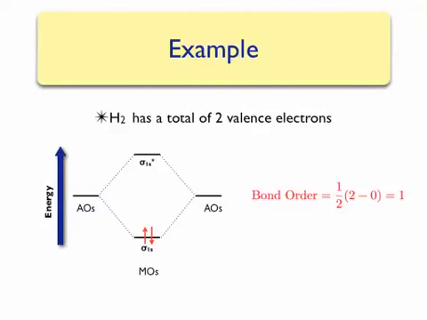If we look at our Lewis structure for hydrogen, we see that there is one line in between the hydrogen atoms, which represents a sharing of 1 electron pair. This corresponds very well to the bond order that we calculate from molecular orbital theory, which means that both theories can be used equally to describe the bonding in the hydrogen molecule.